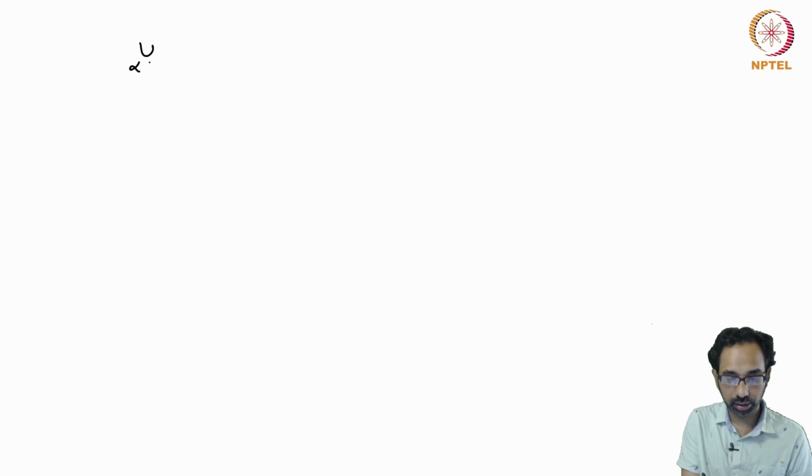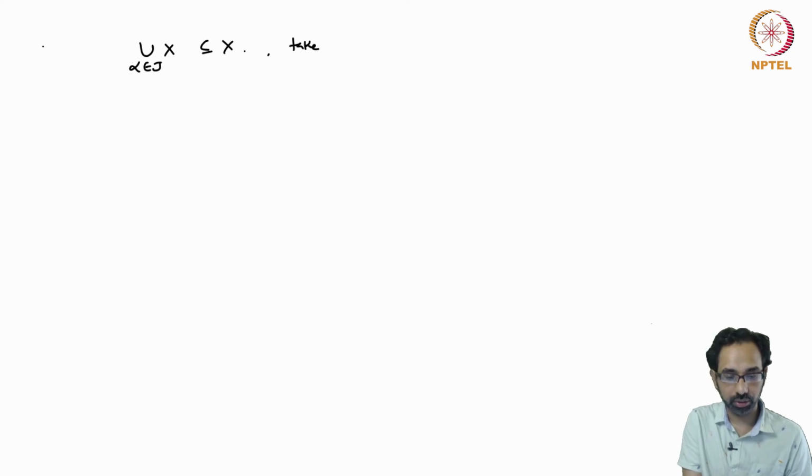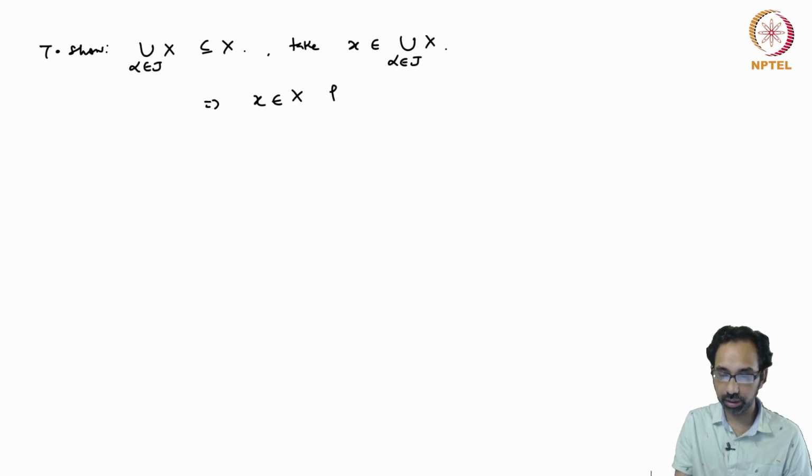Now to show the reverse inclusion, we take an element x in this union, and this implies that x belongs to X. Remember that this is the same as U alpha.